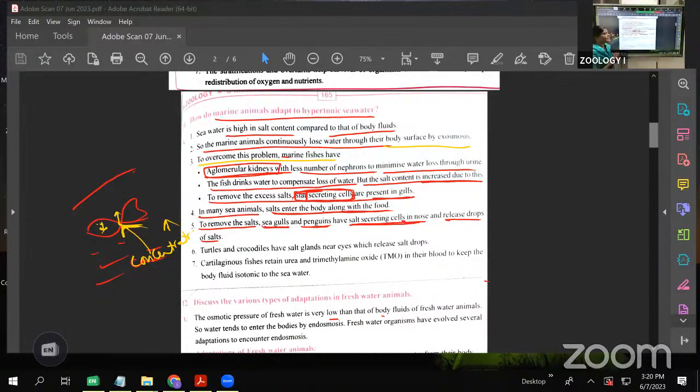In the nose, salt secreting cells are there, and like drops, they release the salt.